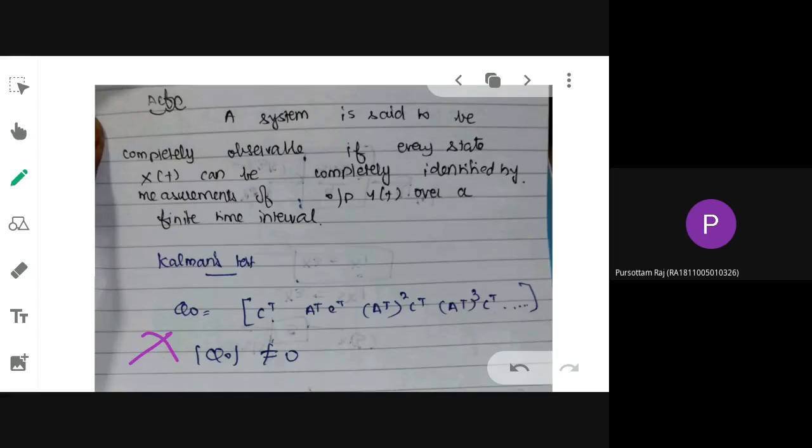Ma'am, what is the second term in Q naught? A transpose, C transpose.